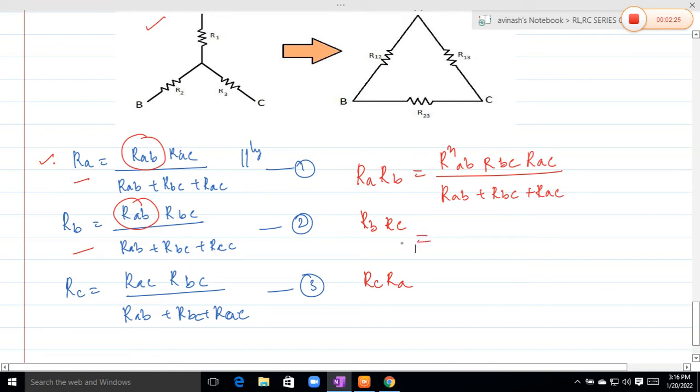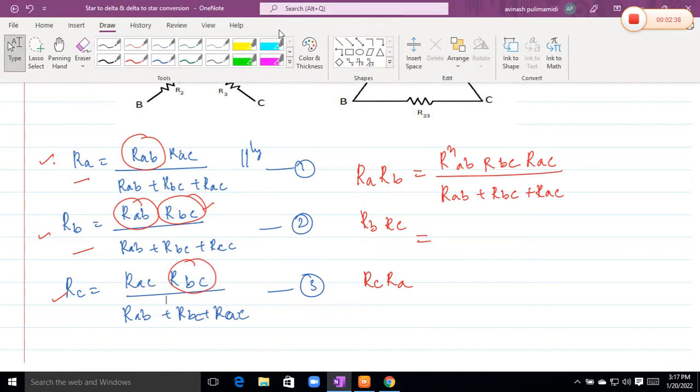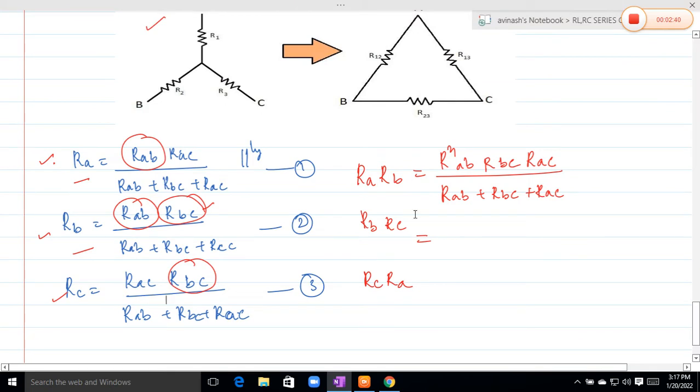In the same way, RB into RC will be: the common factor is RBC. Then we get RAB into R square BC into RAC, whole divided by RAB plus RBC plus RAC.